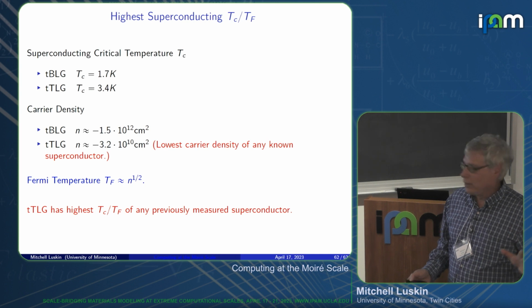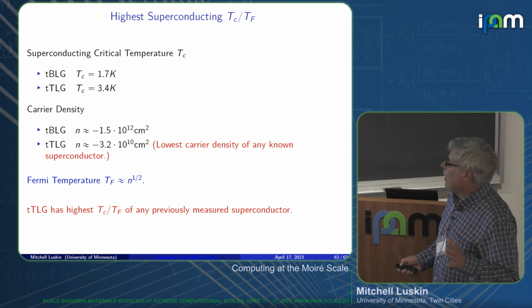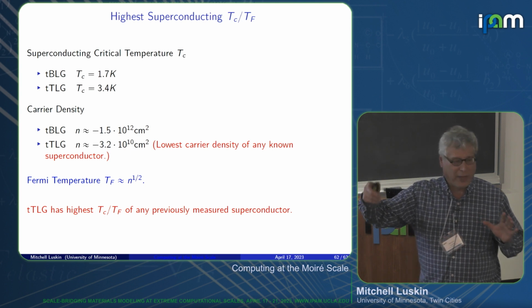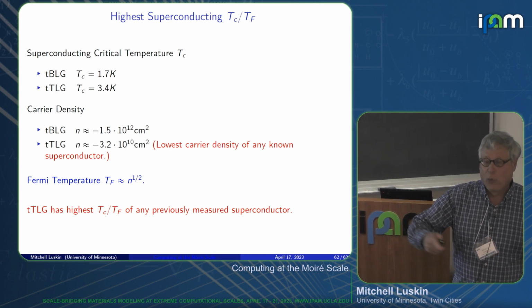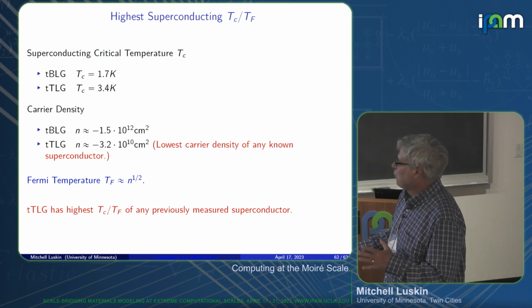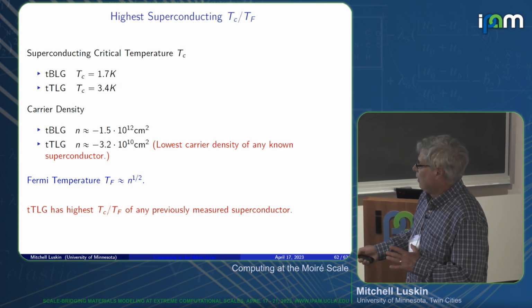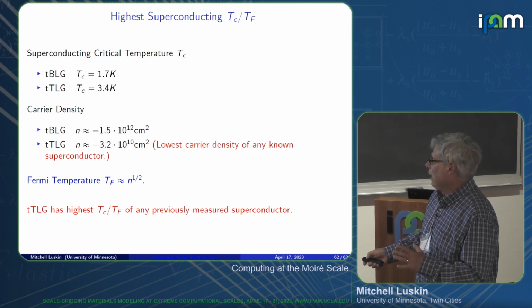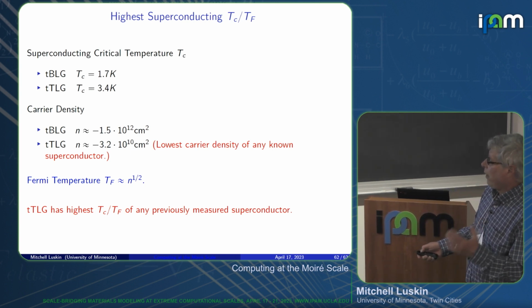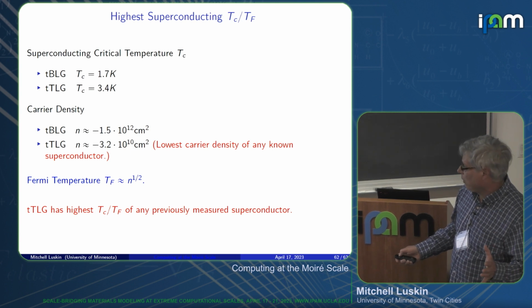You put the numbers in. And for us, because we have a Moire of Moire, it's 1/θ squared instead of 1/θ, we have a huge unit cell, much smaller carrier density, and the Fermi temperature scales like the square root of the carrier density.